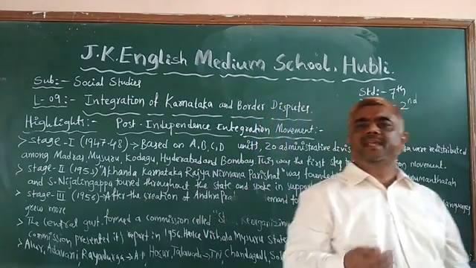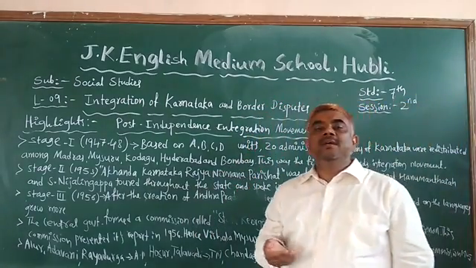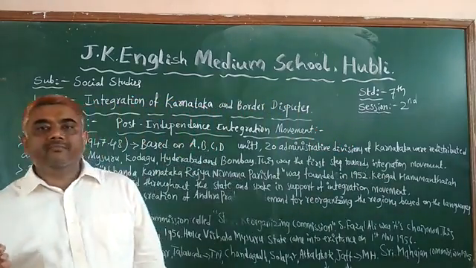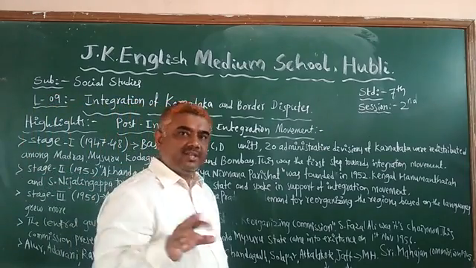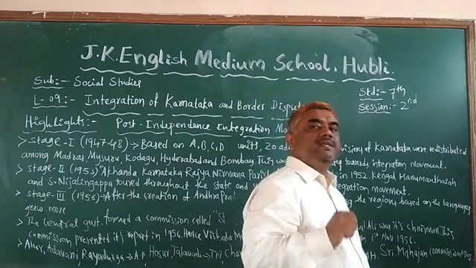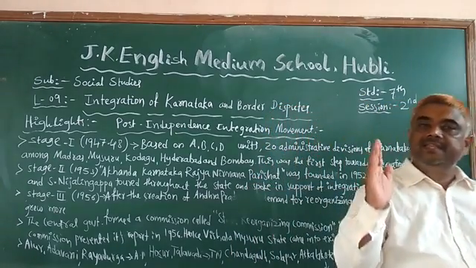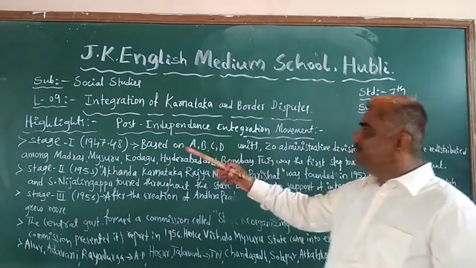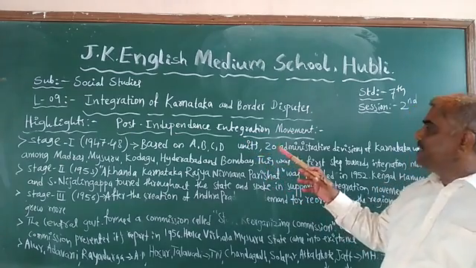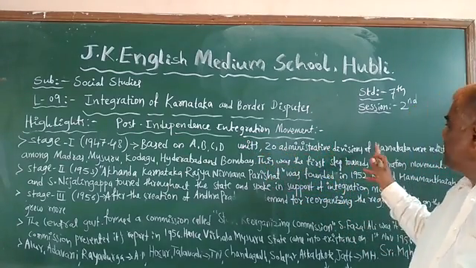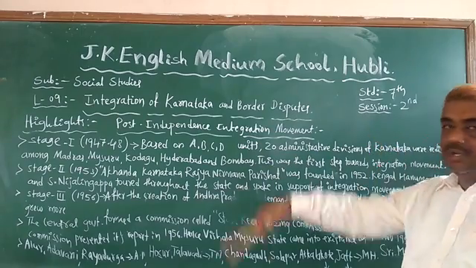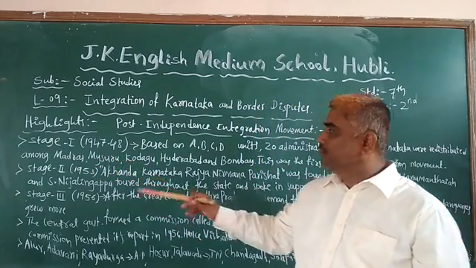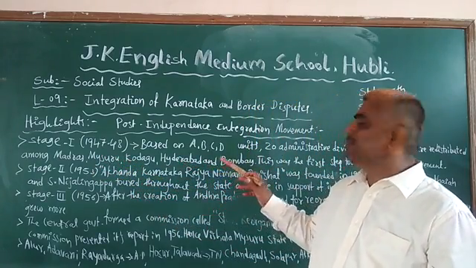The Constituent Assembly after the independence, instead of forming the states on the language basis, categorized them into 4 divisions, namely A, B, C and D. Based on the A, B, C, D units, the administrative divisions of Karnataka were redistributed among Madras, Mysuru, Kodagu, Hyderabad and Bombay.